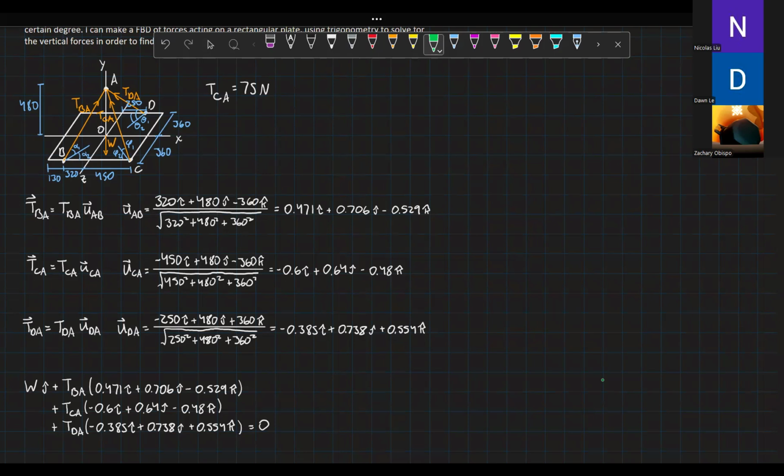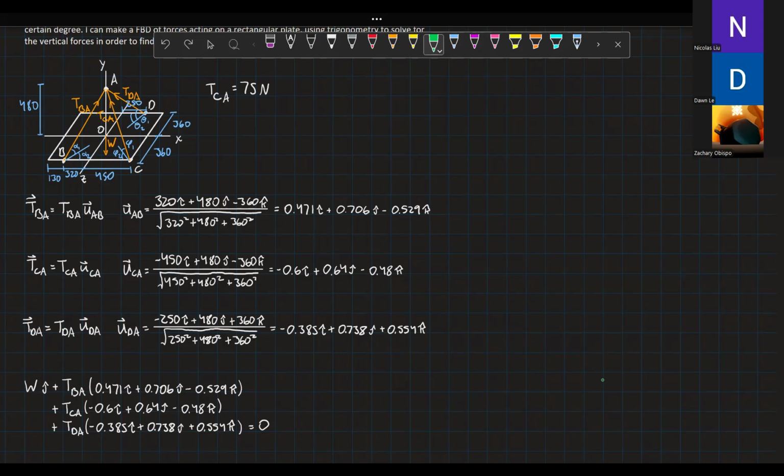So in the case of tension from B to A, it goes to the right 320 meters, goes upwards 480 meters, and it goes into the page 360 meters. And in order to find the magnitude, you just add the squares of each of them, and then take the square root of the whole thing.